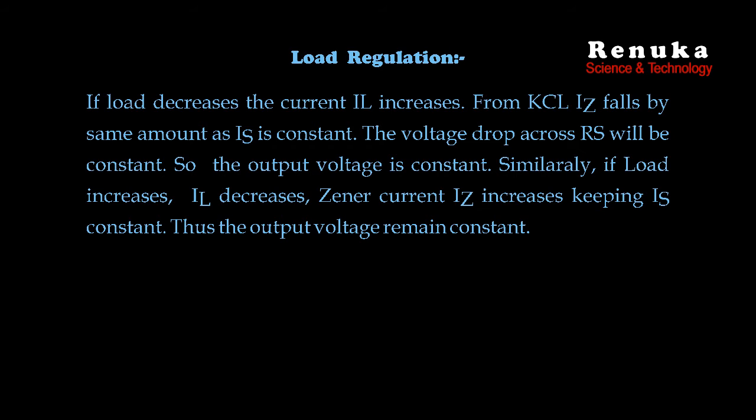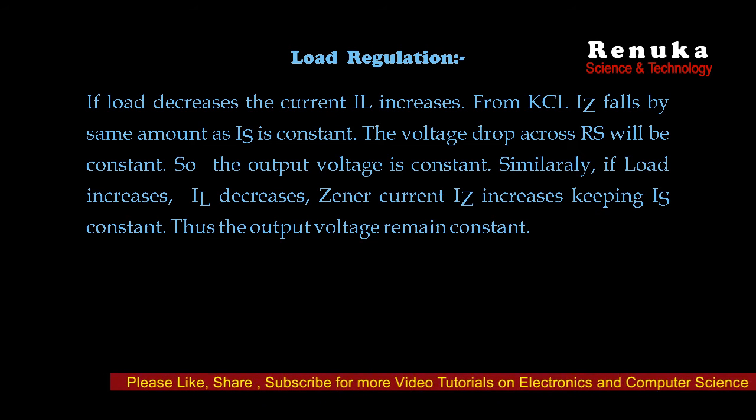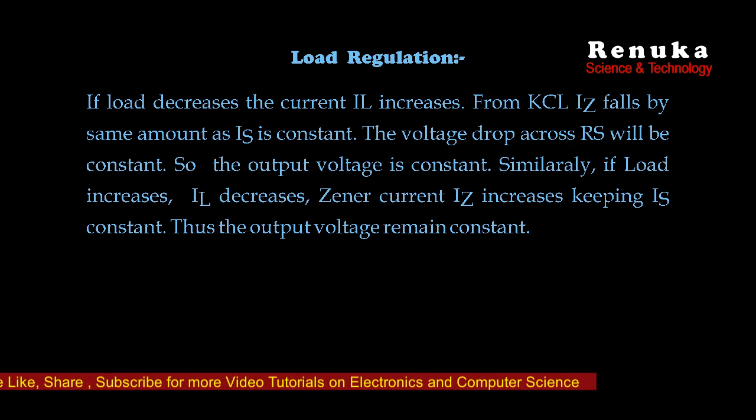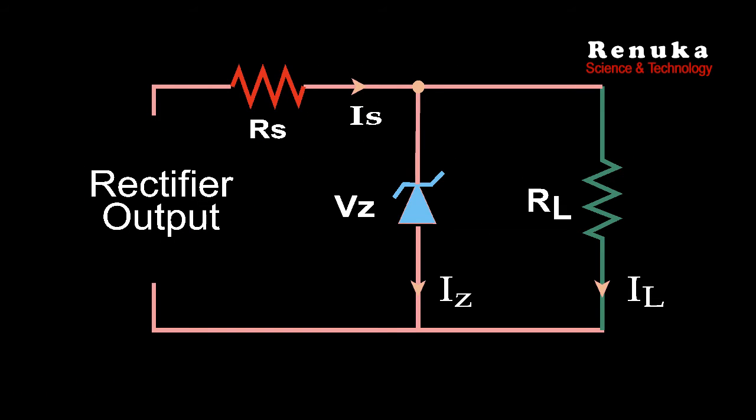Similarly, if the load resistance increases, IL decreases and Zener current Iz increases, keeping Is constant. Thus the output voltage will remain constant. So if the load changes, the output voltage will also remain constant, as we have used the Zener diode in reverse bias mode. In this way, two types of regulation are provided by the Zener diode. So the Zener diode can be used as a voltage regulator.